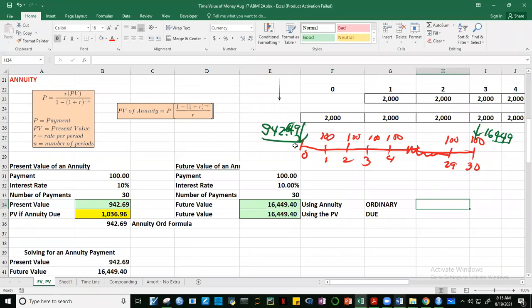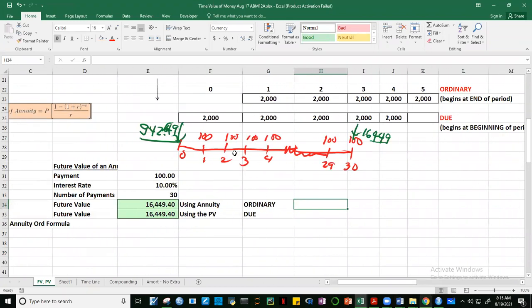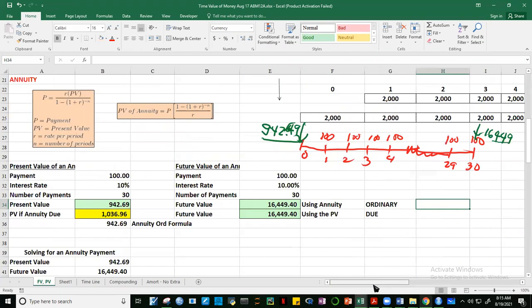So yung 942.69 now is the same as 16,449 after 30 years. Okay, assuming na 10% yung interest. And it's the same as getting 100 every year for the next 30 years. Okay, so these are equivalent values. So strictly speaking, guys, all things being the same, anong mas maganda?